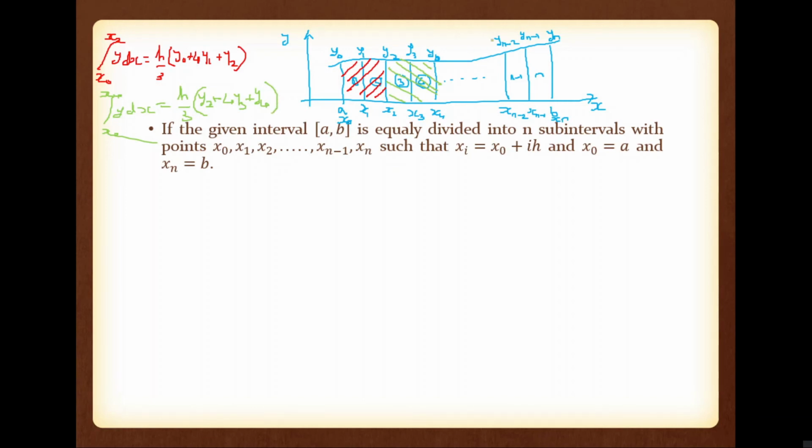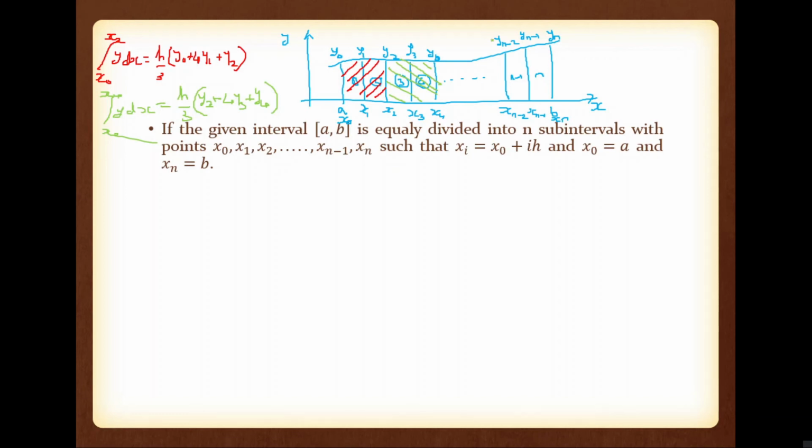So what we are doing is combining the adjacent two subintervals. First two subintervals, next two subintervals, next two subintervals, etc., last two subintervals. In order to take the last two subintervals, one assumption is very important, and without that we can't derive the composite Simpson's one-third rule.